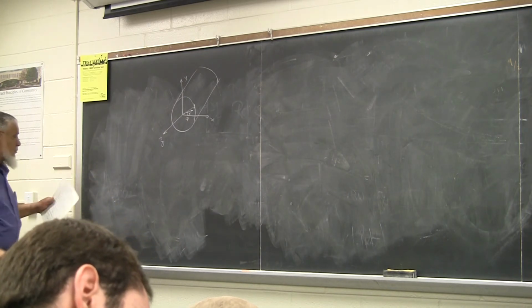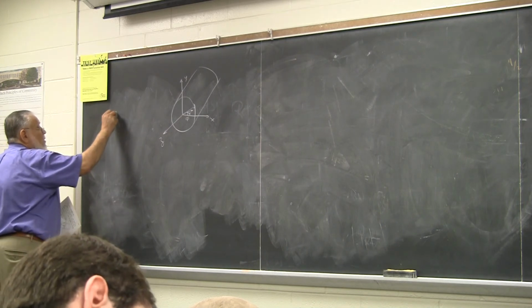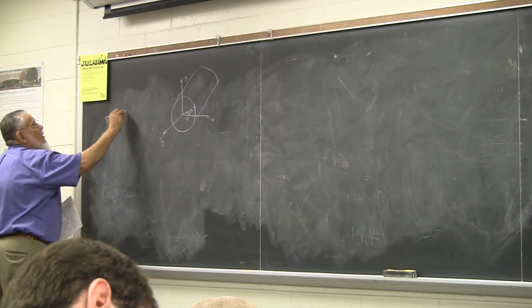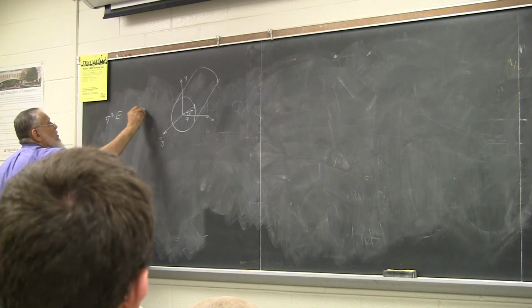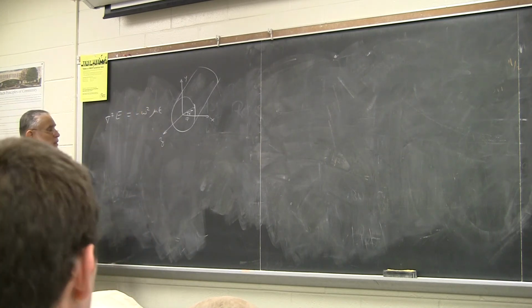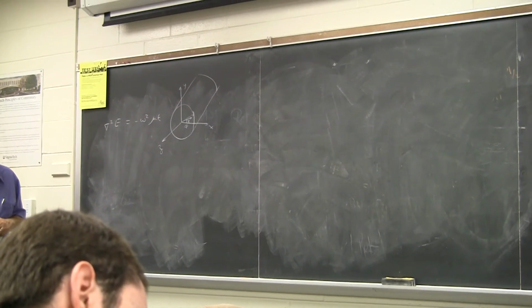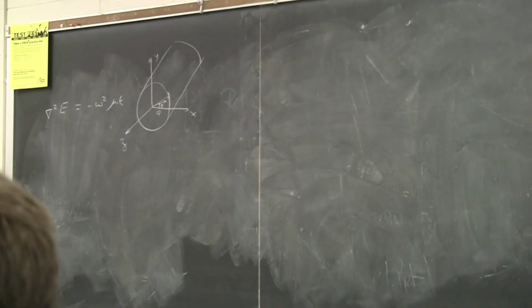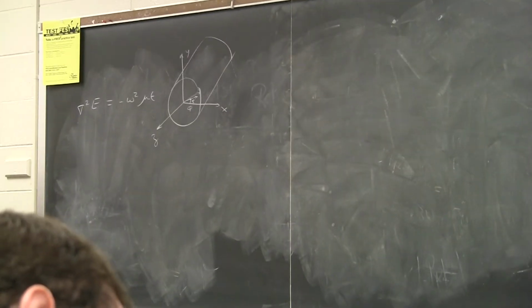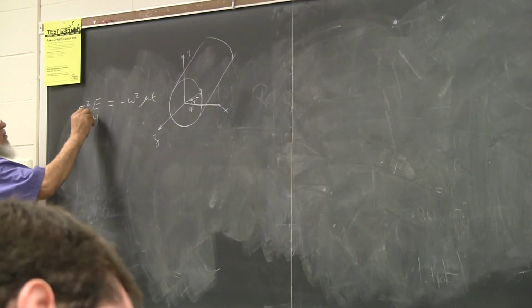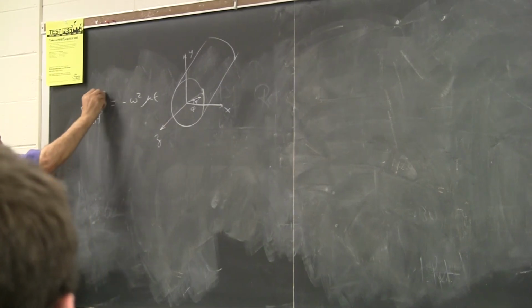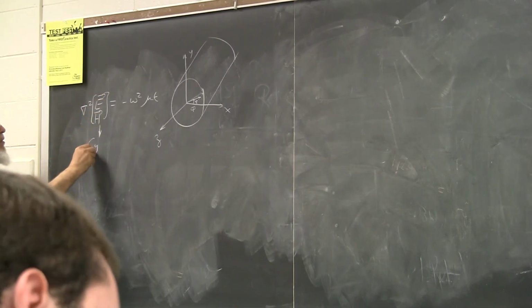So again, we start with del squared E is equal to minus omega squared mu epsilon E. The development until this point was not related to any coordinate system, it was just general, right? For H, same kind of thing. Now we have to start working with cylindrical coordinates.